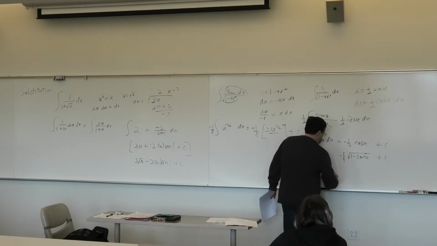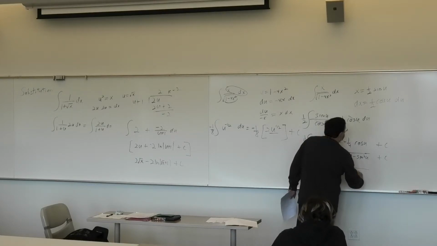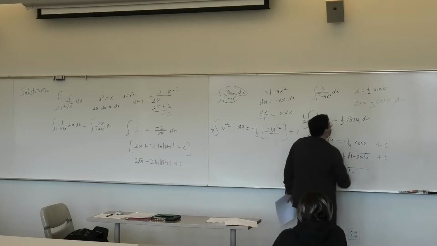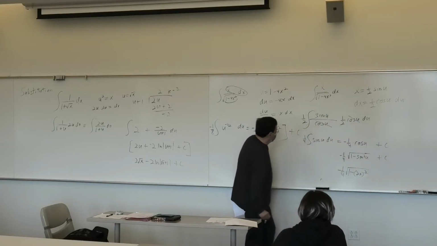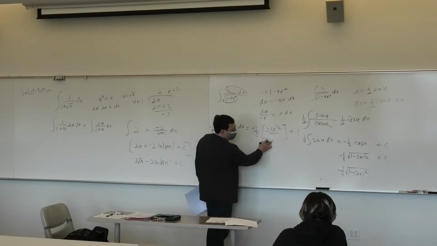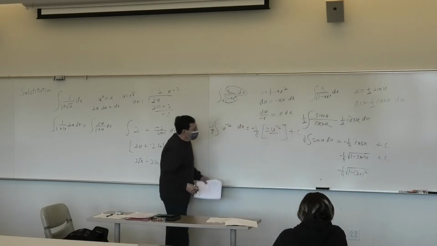Running out of word space, but I get negative 1/4 square root of 1 minus, well, it's going to be 2x squared. I think when you get done with all the constants, that's what you're going to get here too.